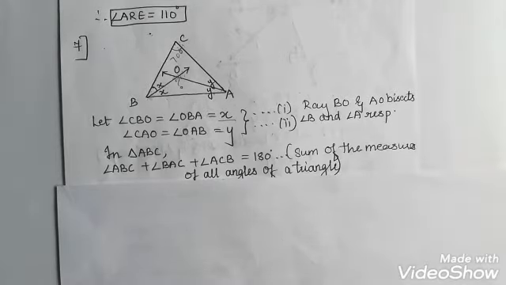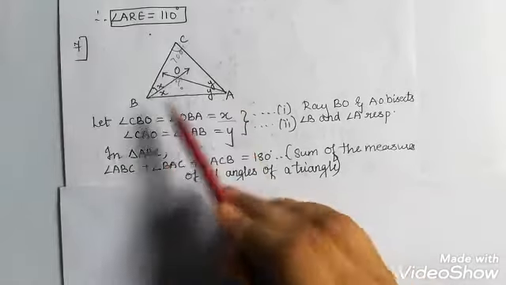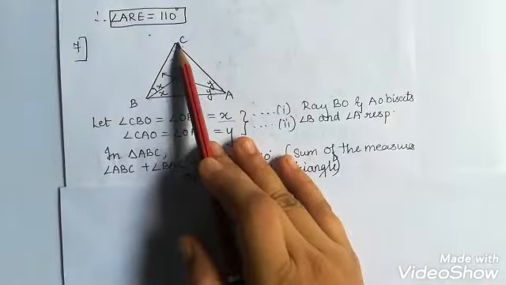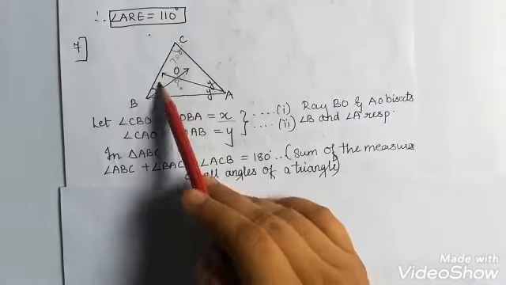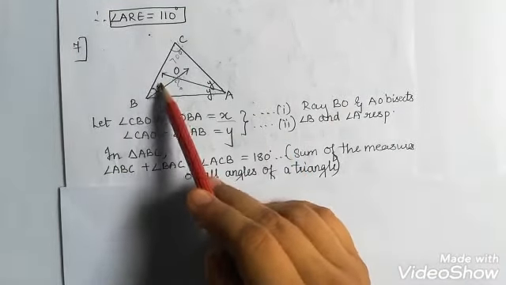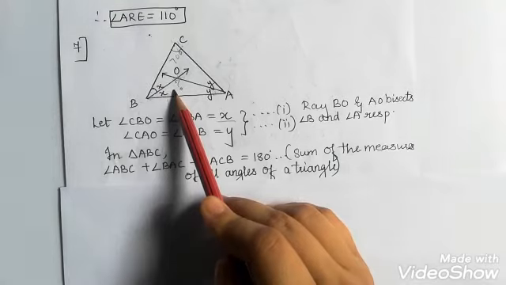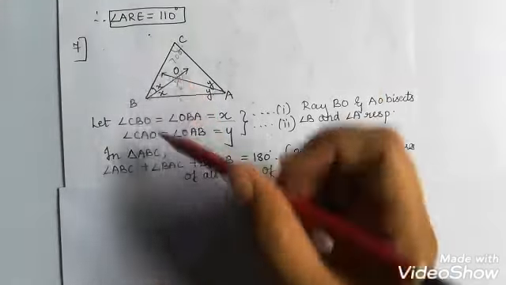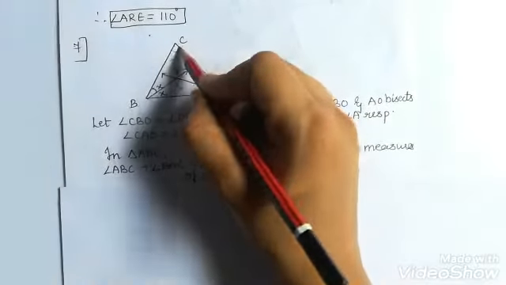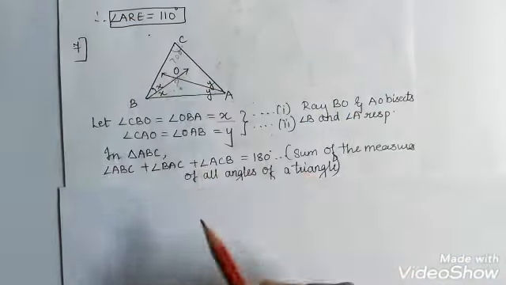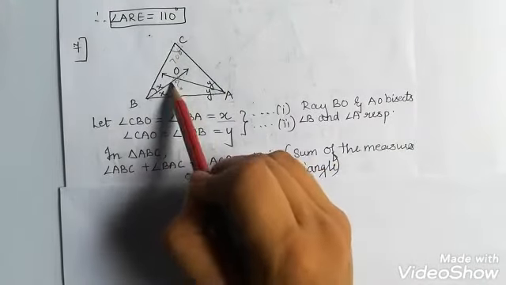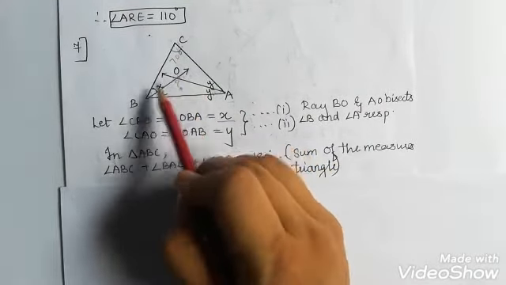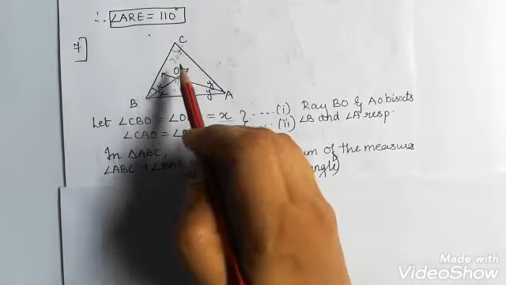Now, angle ABC is divided into two equal parts. So in place of angle ABC, I can write angle ABO and angle OBC.